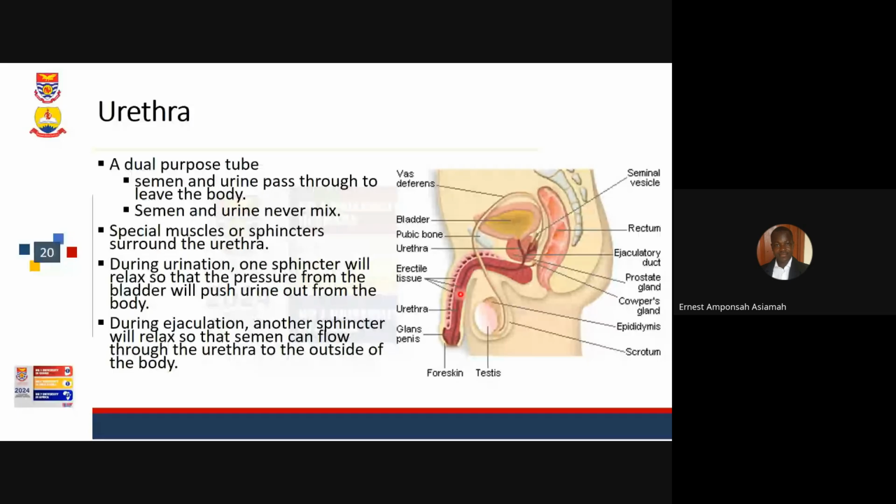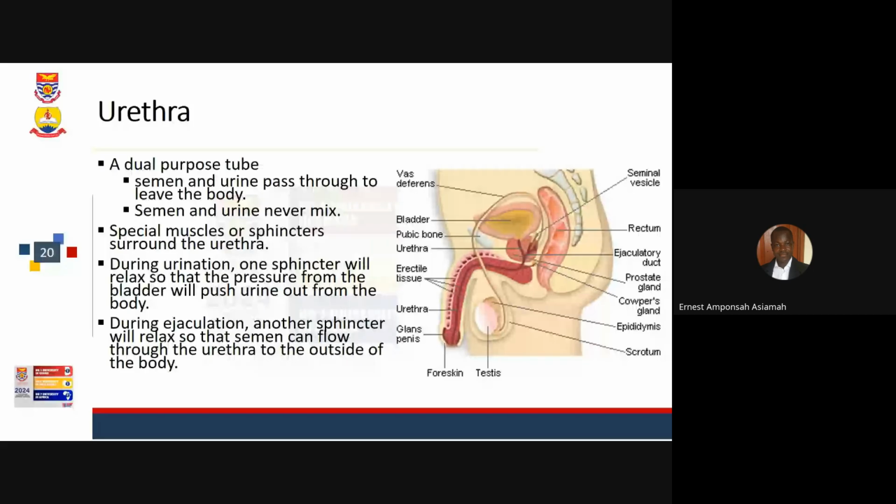Now the urethra has special muscles and sphincters that surround it. One of the sphincters acts during urination. We have what you call the internal urethral sphincter.